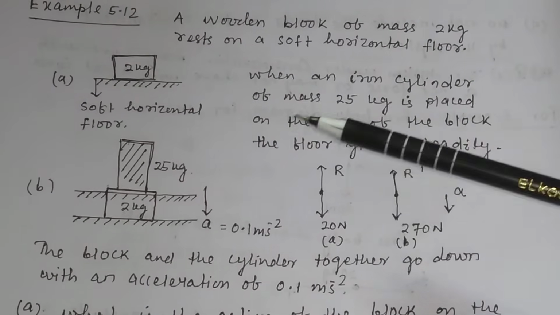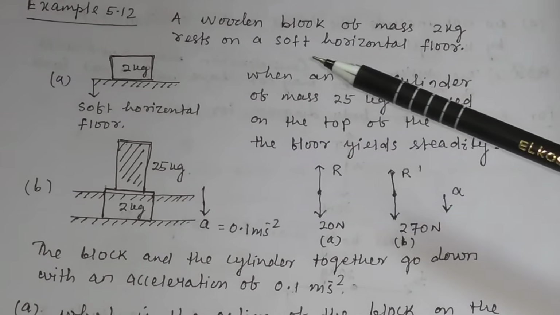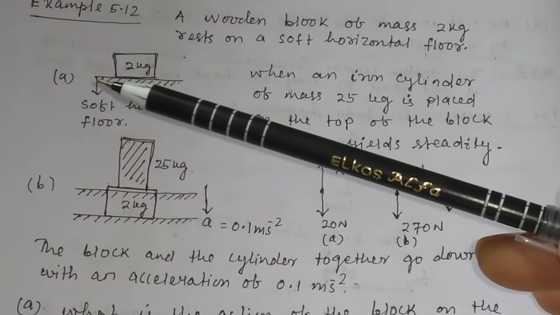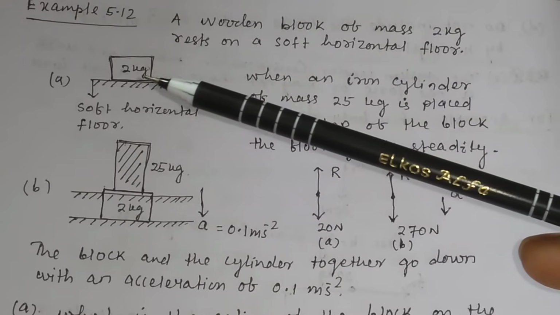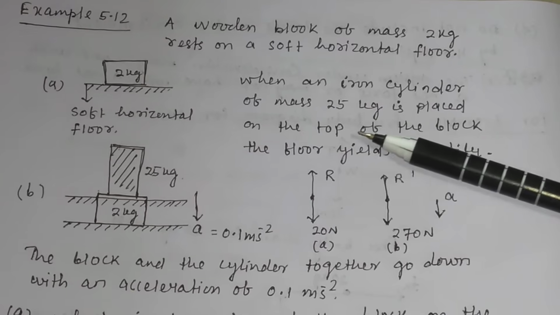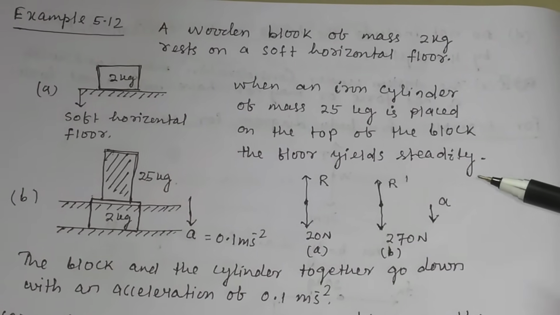Let us work out this problem. A wooden block of mass 2 kg rests on a soft horizontal floor. Suppose this is a soft horizontal floor and the wooden block of mass 2 kg rests on it. When an iron cylinder of mass 25 kg is placed on the top of the block, the floor yields steadily.